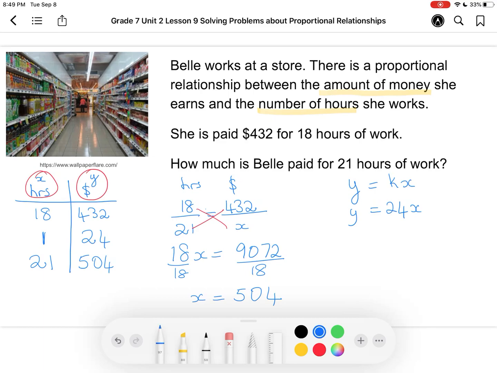So y is equal to $24 for every one of the 21 hours that she works. And if I multiply 24 times 21, I'll get y is equal to 504. So all three ways I calculate 504, so that means she earns $504.